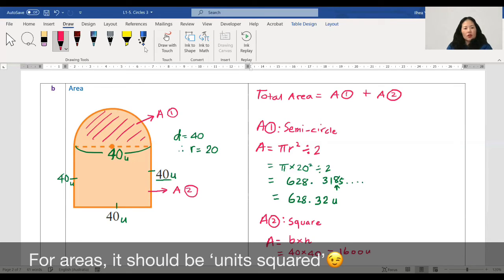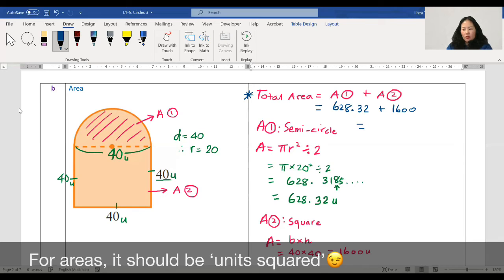Okay, so I'm going to go back to my total area, and I'm going to put in all the values. The value for area 1 is 628.32 units, plus area 2 is 1600 units.